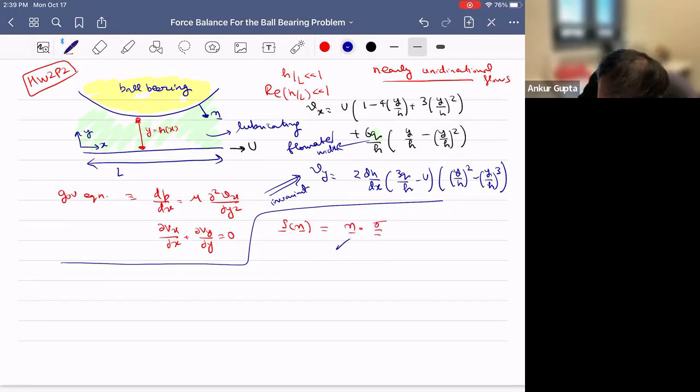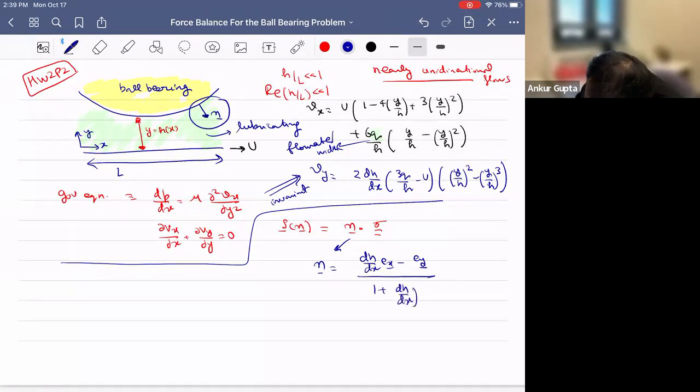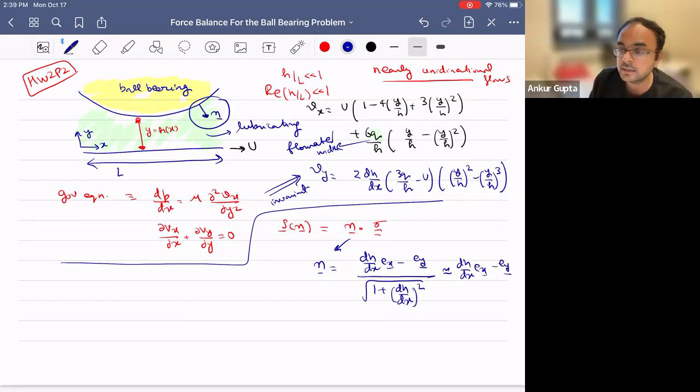We had mentioned this n vector comes out to be dh by dx ex minus ey, and we use the minus ey because the normal vector points into the fluid, divided by the square root of 1 plus dh by dx whole square. We said we can approximate this as dh by dx ex minus ey.